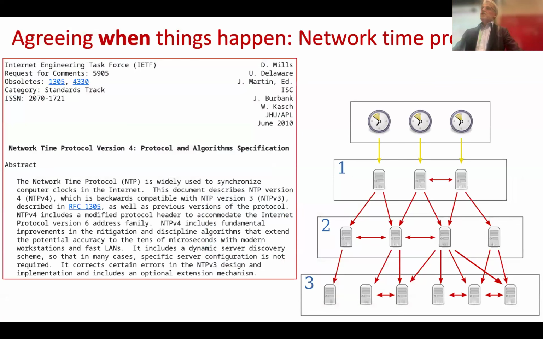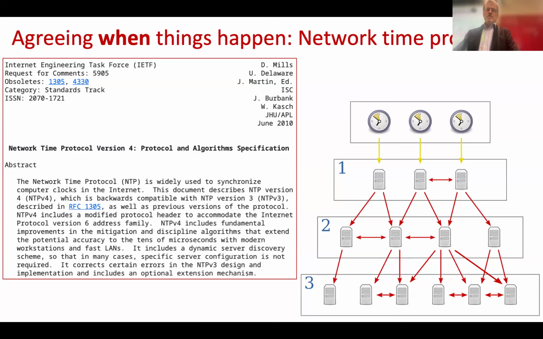In terms of agreeing when things happen, the network time protocol was a tremendous innovation in its time. This is a method basically for estimating the time at a particular place based on what you know about the signal propagation time from other places and the time that is seen at those places. This is not so dissimilar to what Einstein was thinking about in the patent office in Zurich when he was a patent clerk and people were trying to do time synchronization over railway lines.